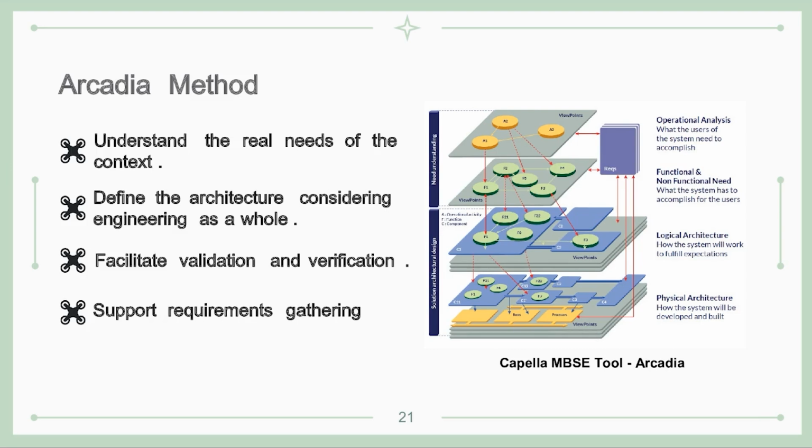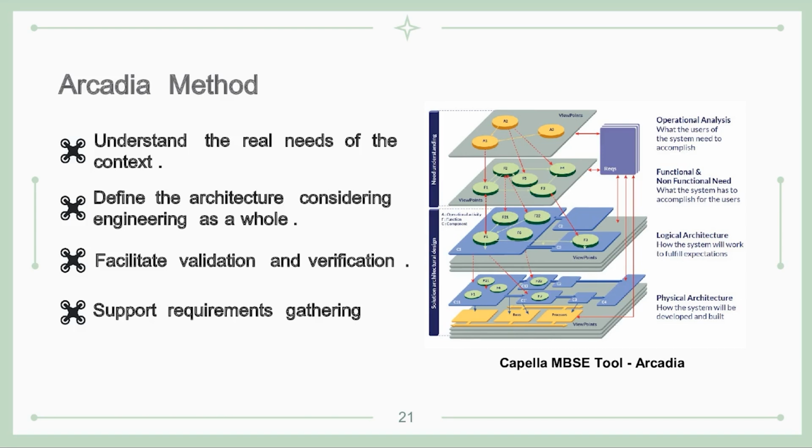This method enables defining and designing the system's architecture collaboratively among all engineering actors. The goal is to ensure that all disciplines are considered in the architecture design. And the use of digital models allows for early stage validation, making the process more efficient, reducing development time, and lowering costs.